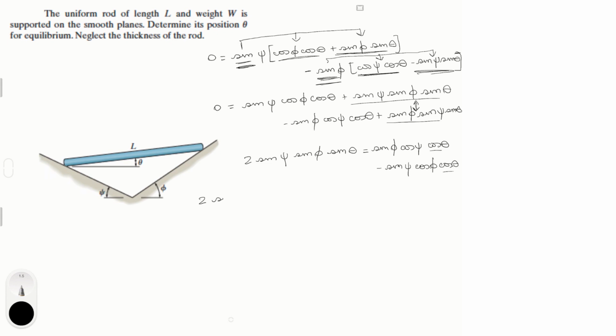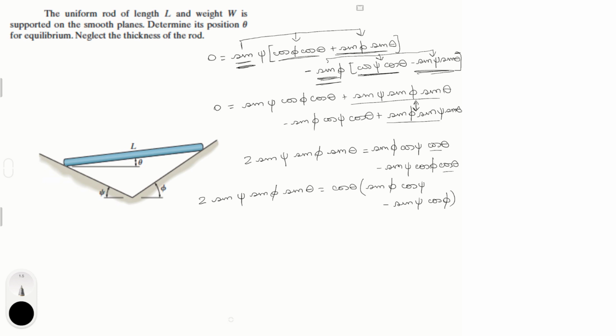2 and the 3 sines, sine of psi, sine of phi, sine of theta is equal to cosine of theta, sine of phi cosine of psi minus sine of psi cosine of phi. This is starting to look a little better. Those of you who have a lot of practice with this are starting to see where I was going.